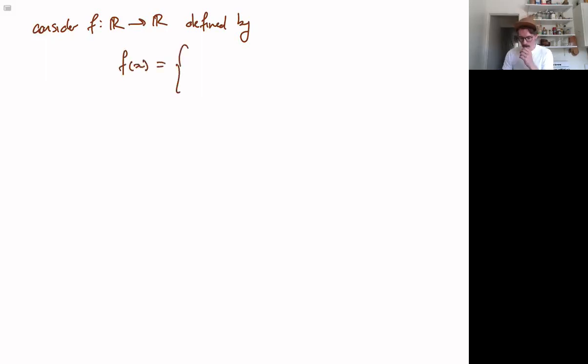So consider the function from the real numbers to the real numbers defined by, so if x is our input, first of all, if x is irrational, it gets sent to 0.